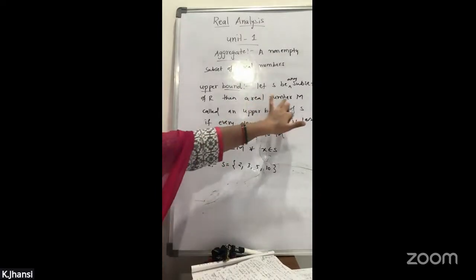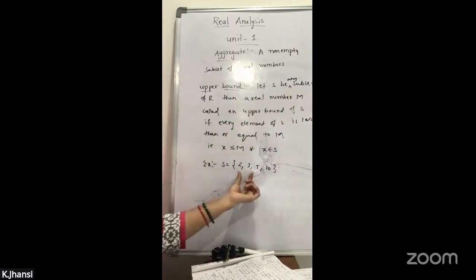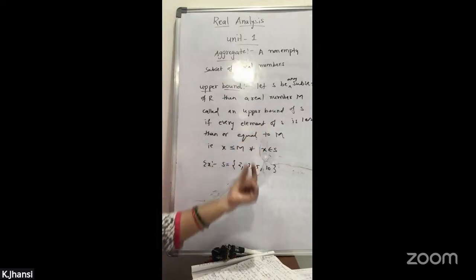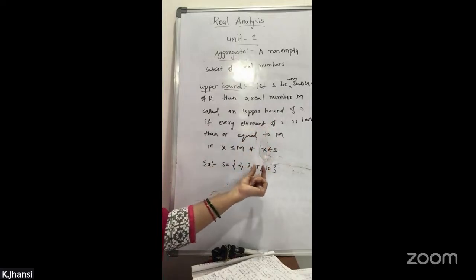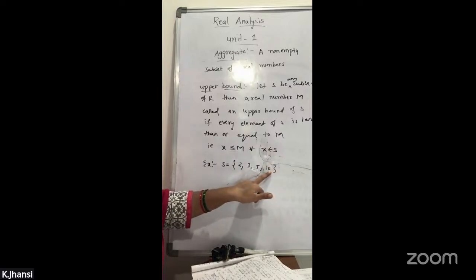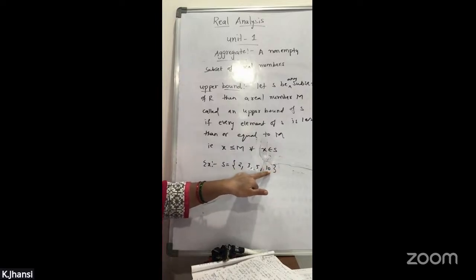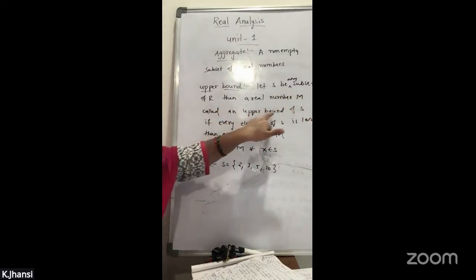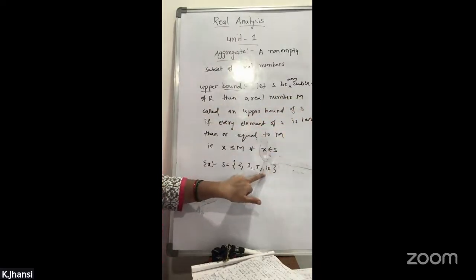If you take the highest value from this set, upper bound means this is the highest value. M is called an upper bound of S.